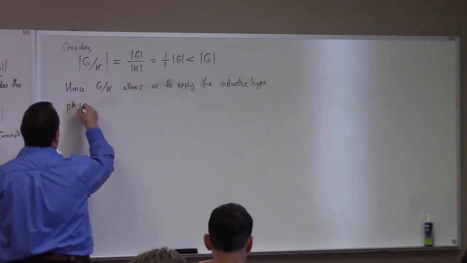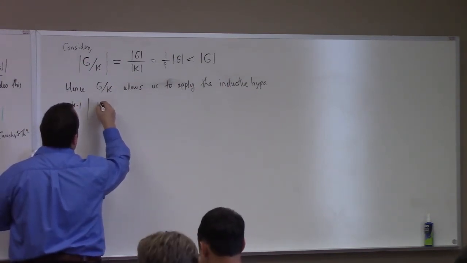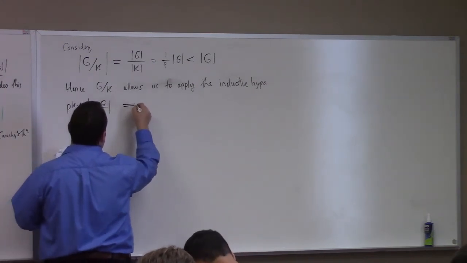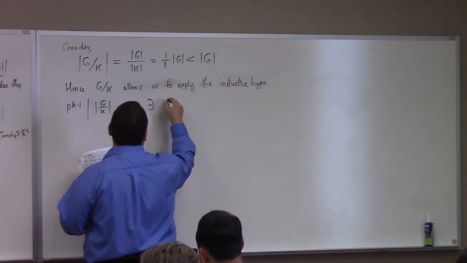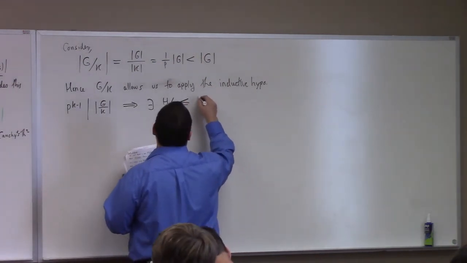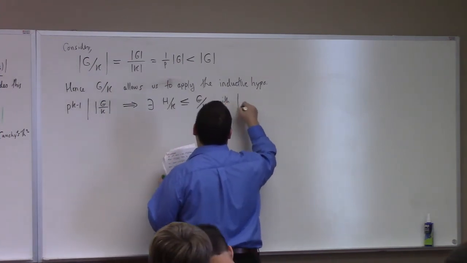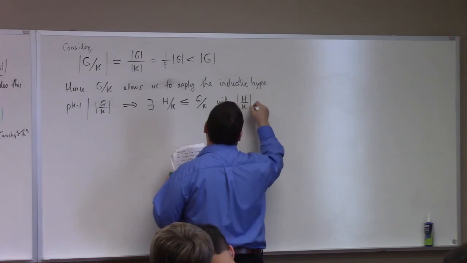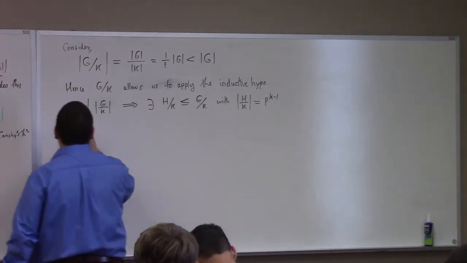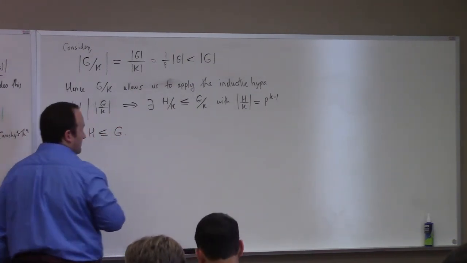So p to the k minus 1 divides the order of G over K. So that implies that there exists, let's say, H over K, a subgroup of G over K, with the order of H over K equal to p to the k minus 1, and H is a subgroup of G, okay?